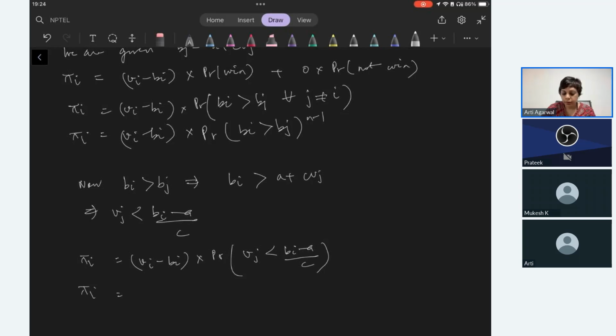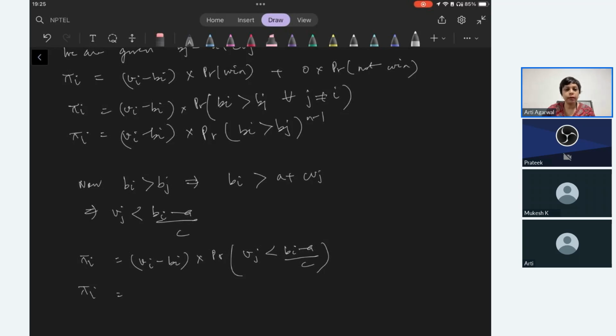Because its probability value is the same for each of those n minus 1, we can simply replace this expression with probability Bi greater than Bj, for any particular Bj, to the power of n minus 1, because all players are identical. If you take the probability that Bi is greater than Bj for any j and raise that to the power of n minus 1, that includes all the possibilities of all the rest of the players.